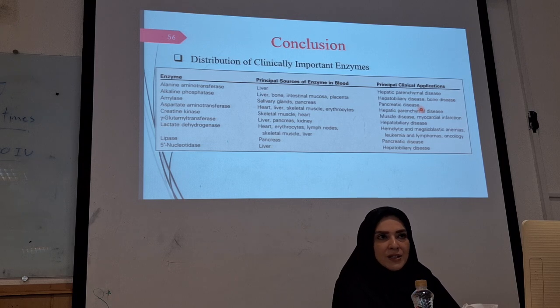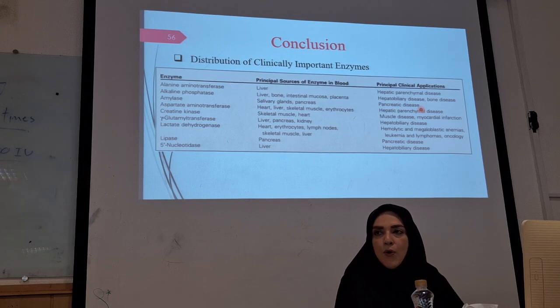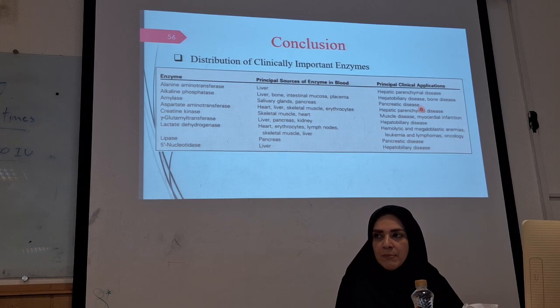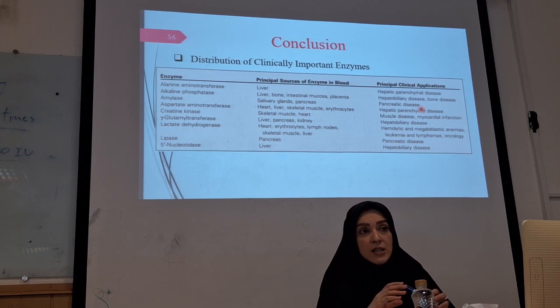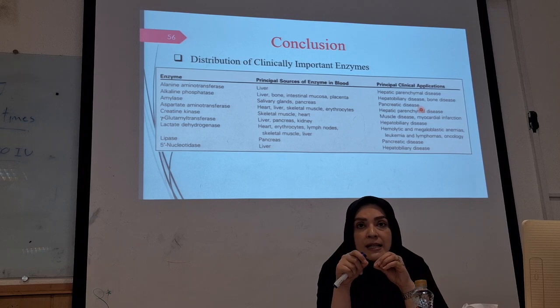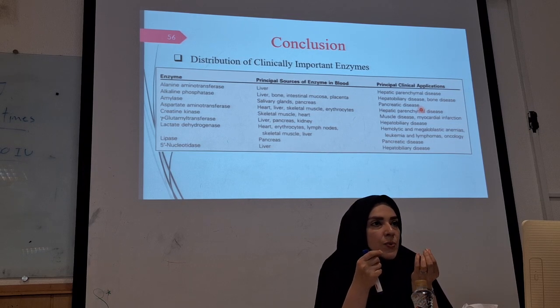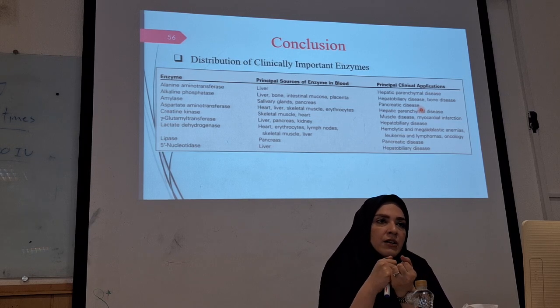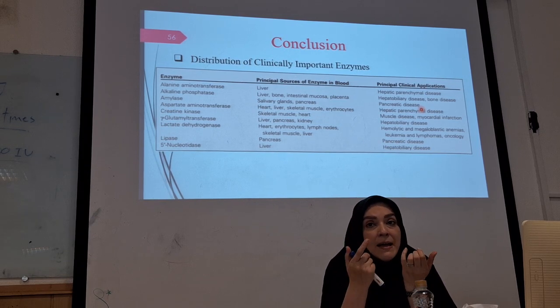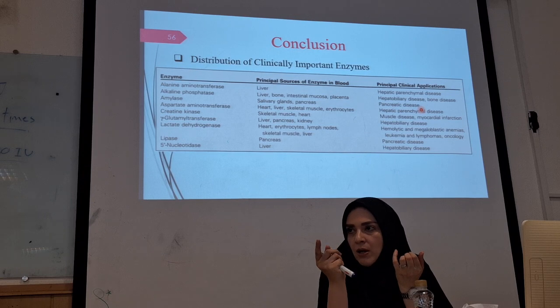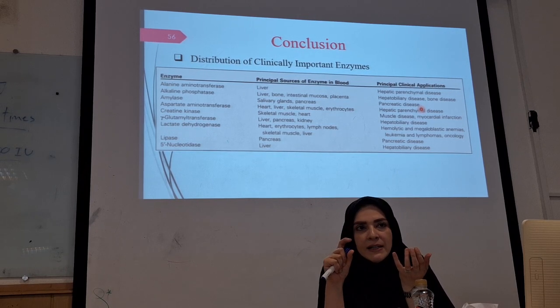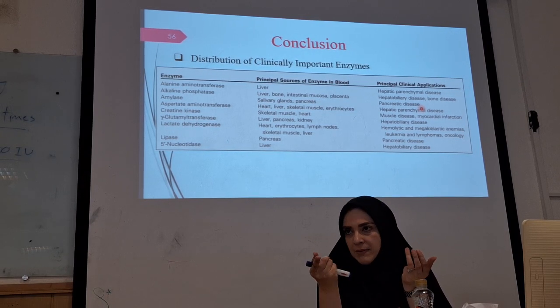Okay, do you have any questions? Okay, so for today, we are going to measure the activity of alkaline phosphatase. For today's experiment, we cannot distinguish between the origins of the alkaline phosphatase. Maybe if you have a higher than normal value, maybe this sample is from a pregnant woman.